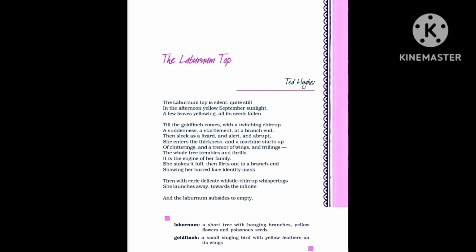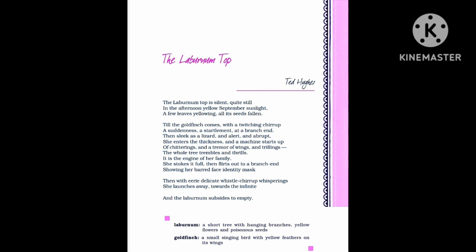What happened in the next stanza? The laburnum tree started moving, and all the movement, all the action started in the laburnum tree, till the goldfinch comes with a twitching chirrup. Everywhere there was silence in the laburnum tree. It was looking like a dead tree.